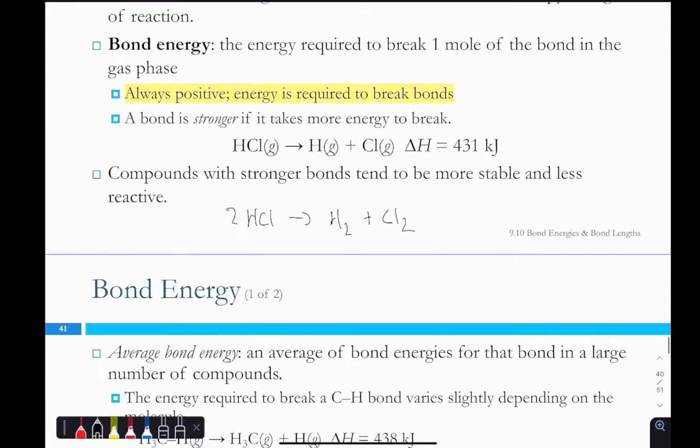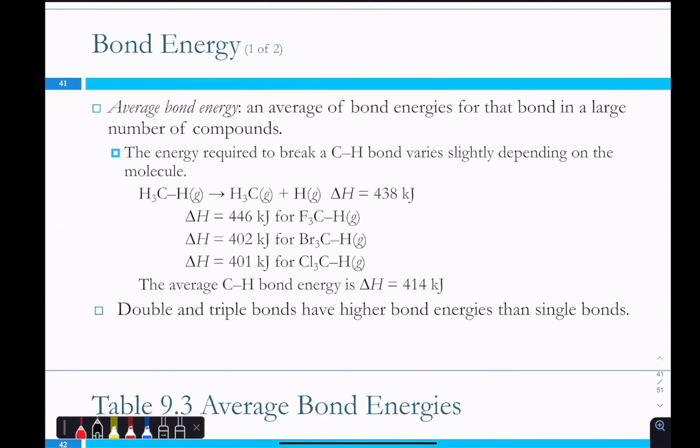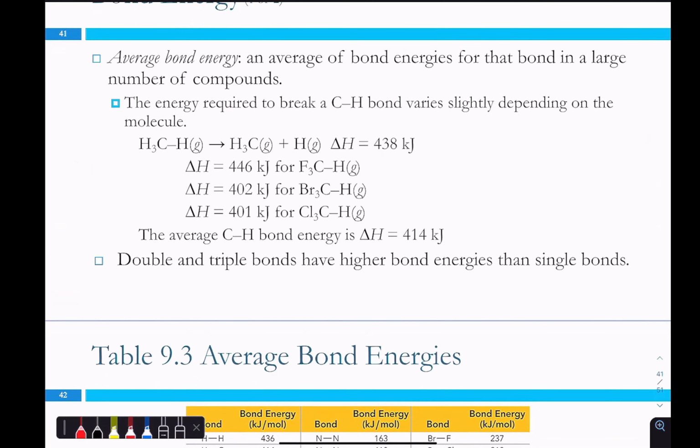That's the idea we're going to use here to calculate the amount of energy it takes to make new molecules. Now, not all bonds are created equal. Depending on how many things are attached to a carbon or other groups attached, the carbon-hydrogen bond is going to take different amounts of energy to break. If it's carbon with 3 hydrogens, breaking off one of those hydrogens takes 438 kilojoules per mole.